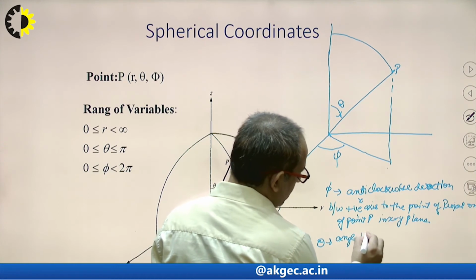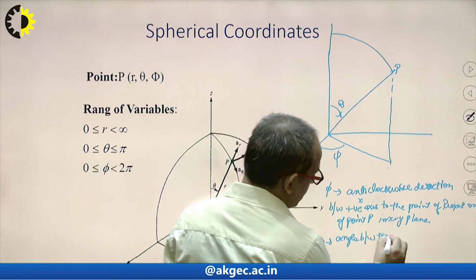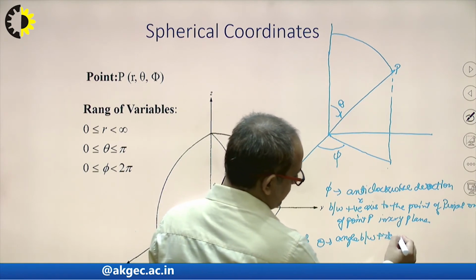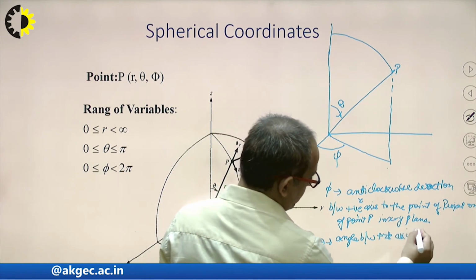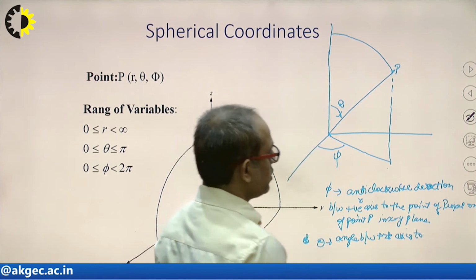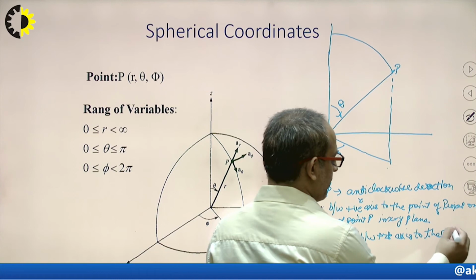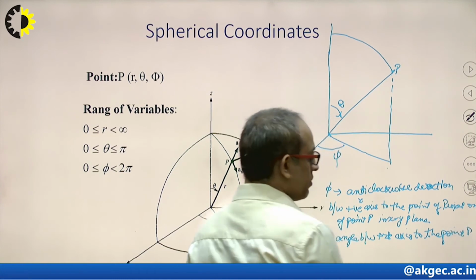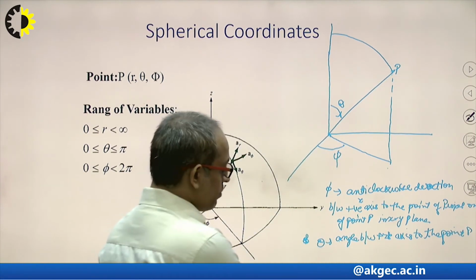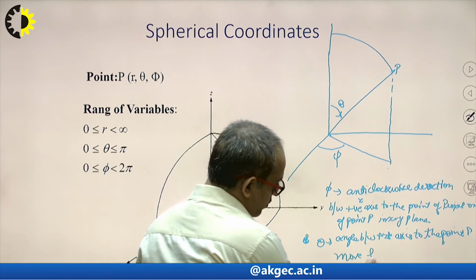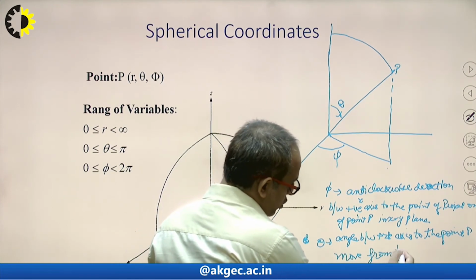angle between the positive z-axis to the point P. Remember, theta will move from top to bottom.